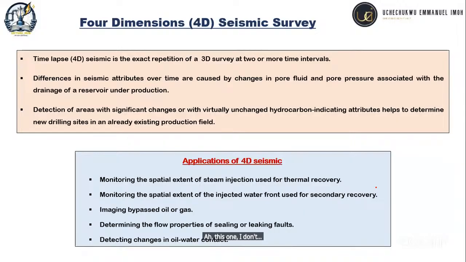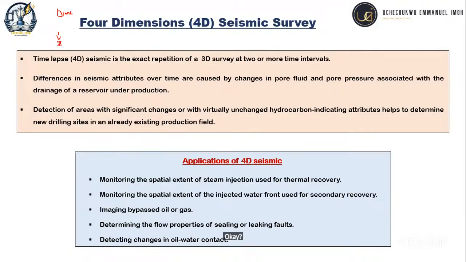The next one we will talk about is the 4D seismic data. What is the 4D seismic data? Anytime you talk about D, remember we're talking about dimension. If they say 1D, you know what they are talking about. They are looking at only the vertical, okay?